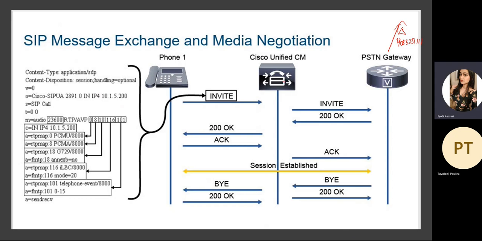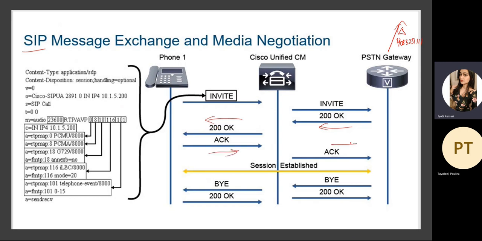We have CUCM here, and we have the gateway protocol configured, let's say SIP is configured for that purpose. Now, what will happen when the phone sends the request? There will be an invite message forwarded by the CUCM to the gateway, to the destination. Then once the invite message is sent, it says okay, and the OK message is forwarded back to the initiator.